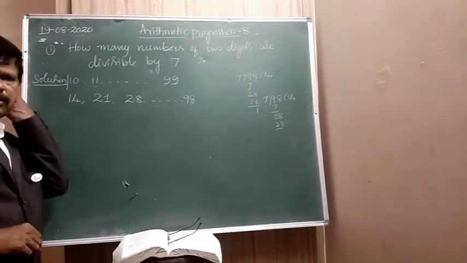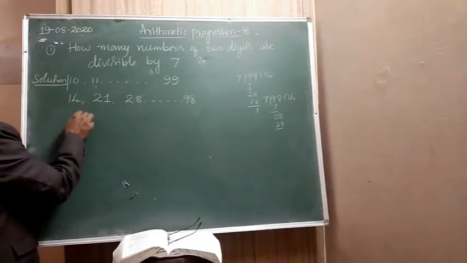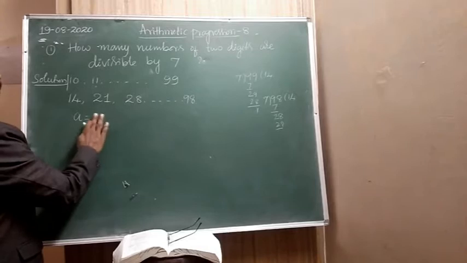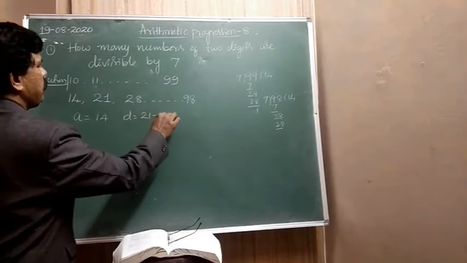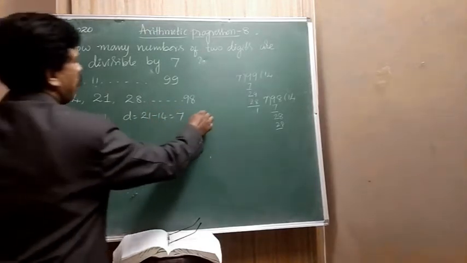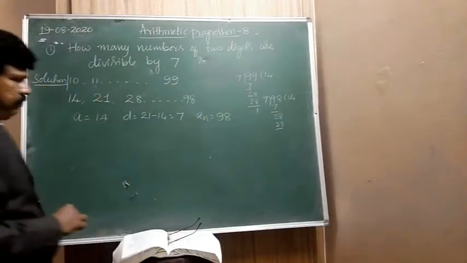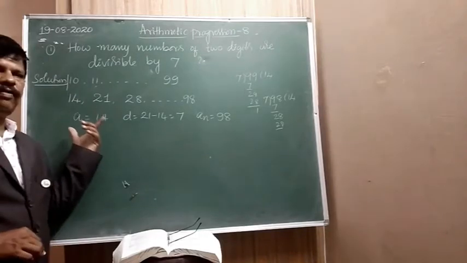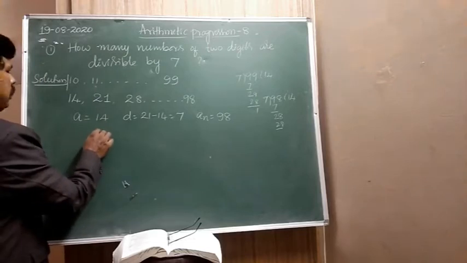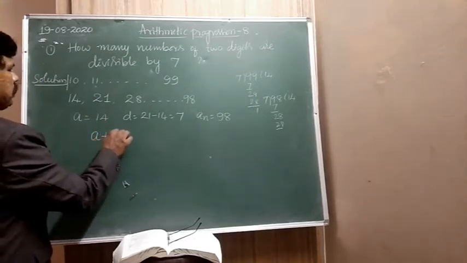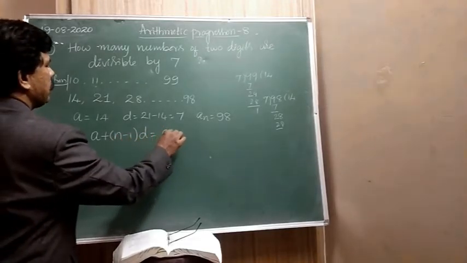Understood? What they asked, you can write like this. Consider a as 14 and d as 21 minus 14, which is equal to 7, and a n you should take as 98. Once we know the first term, common difference and last term, you can write a plus n minus 1 into d is equal to a n.